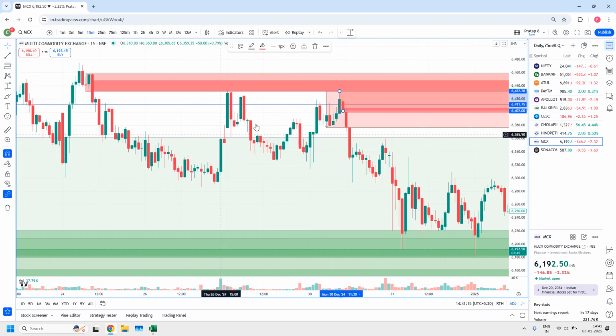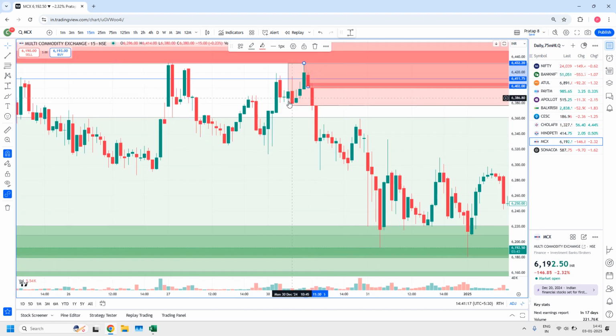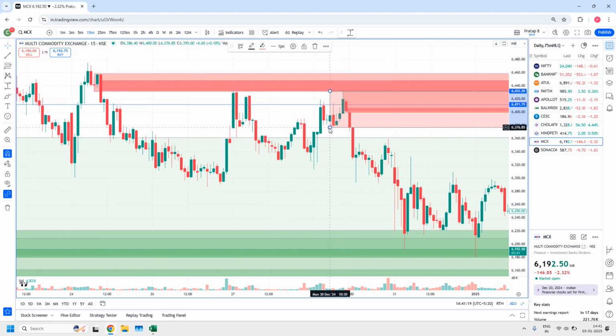And also we have one more fine-tuned 15-minute zone at the distal line of the 75-minute zone. See, this is the 75-minute zone. At this distal line, you have a drop, two base candles and a drop candle. What is this? This 15-minute zone is a horizon to this 75 minutes high liquidity zone.